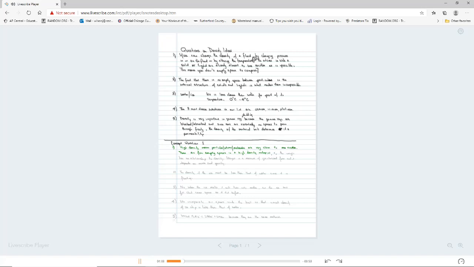So the weight has no relationship to density. So what we're saying is something with high density has a lot of particles in the same space.